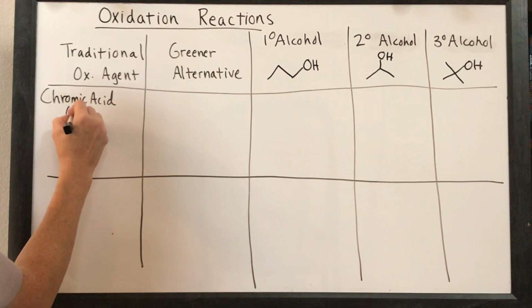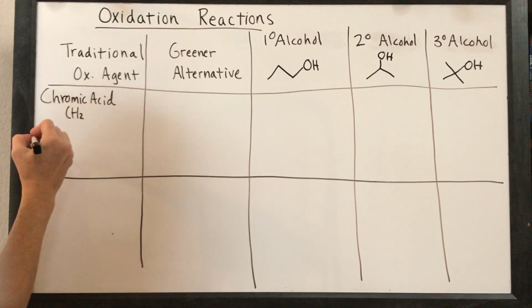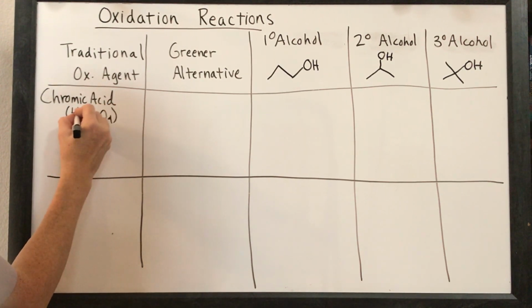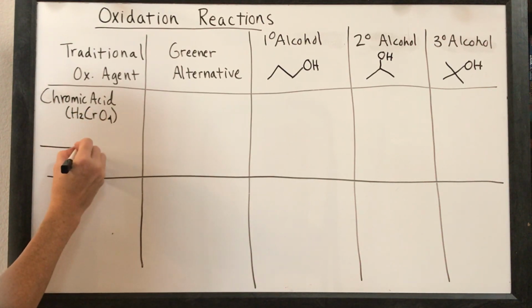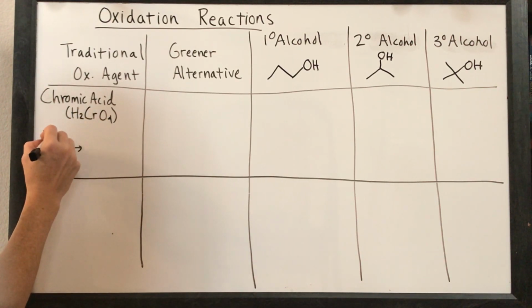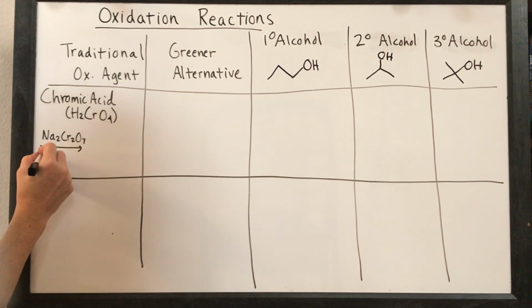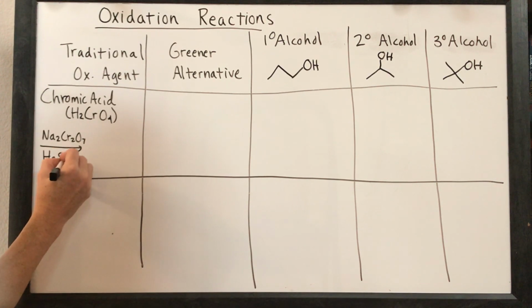Its formula is actually H2CrO4, but if you're running a reaction, usually we use sodium dichromate, Na2Cr2O7, and we use that under acidic conditions, so we put in some sulfuric acid.